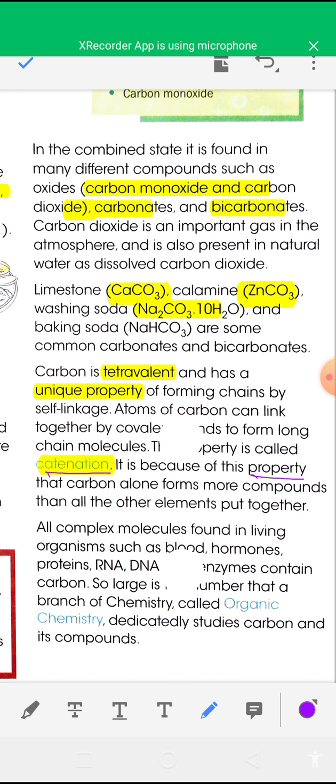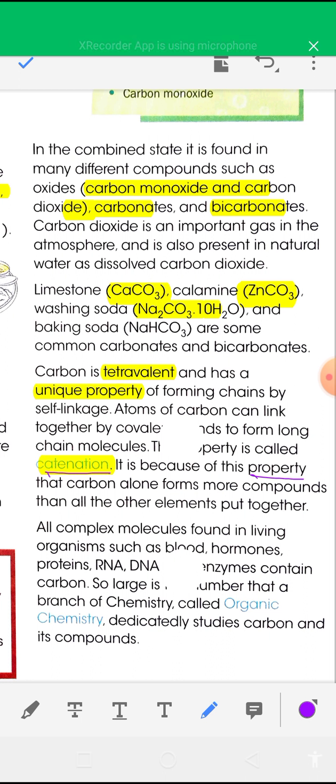Carbon can form long chains by self-linking. Forming a chain by self-linkage, this property of carbon is called catenation.